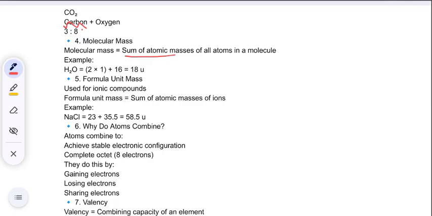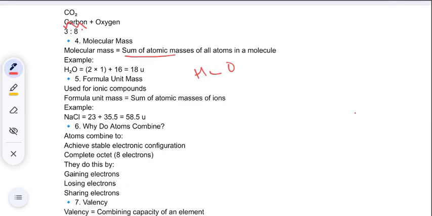Just do the sum of the atomic mass of all atoms in a molecule. Let's take H2O's molecular mass. Here you can see the sum of atomic mass.